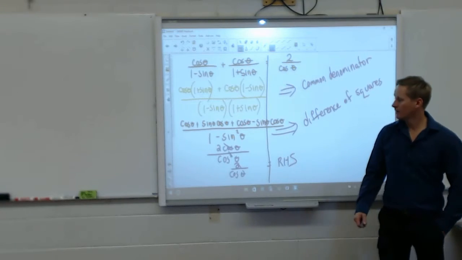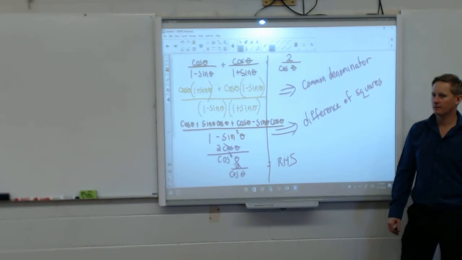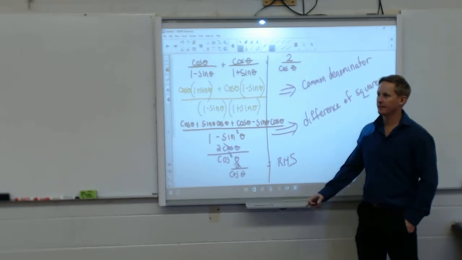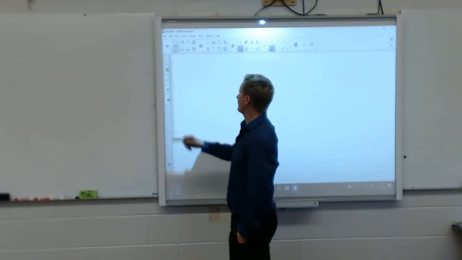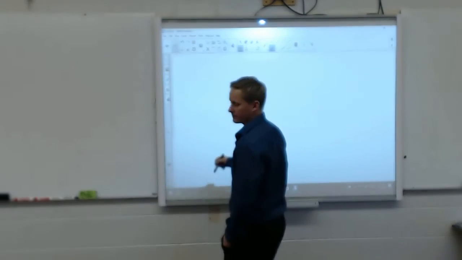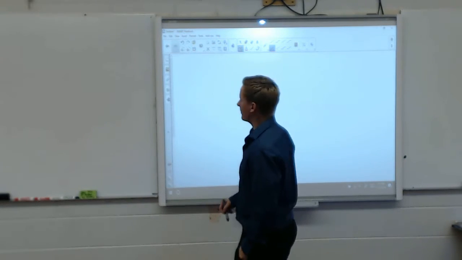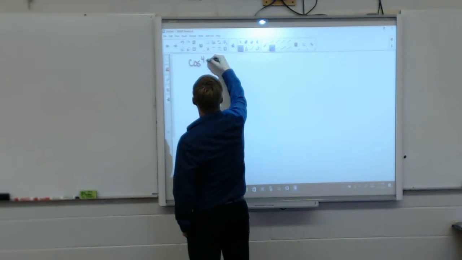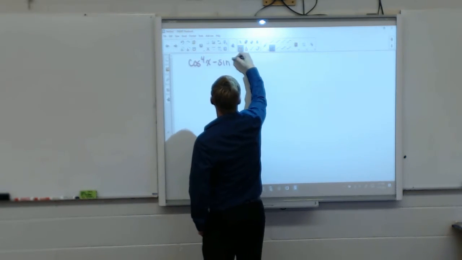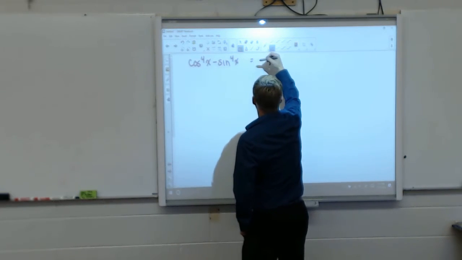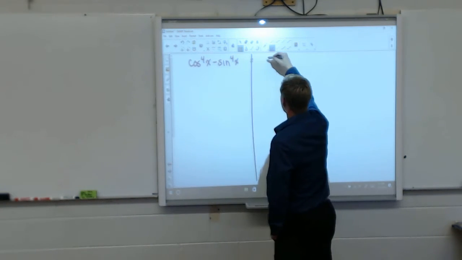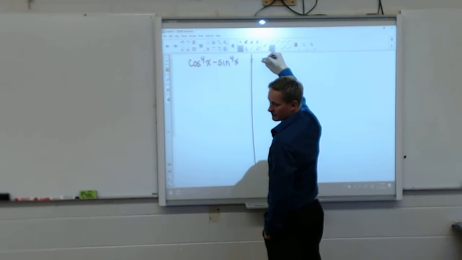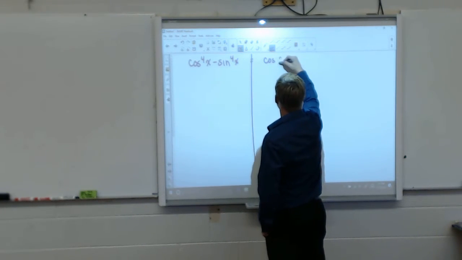Okay. Questions? One more. And you're off and running. Cos 4x minus sine 4x, is that right? And what does it equal? Cos 2x.